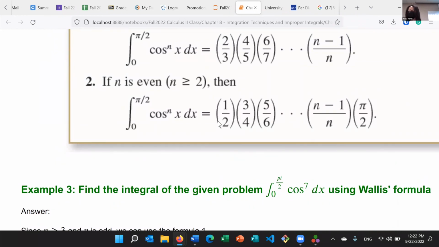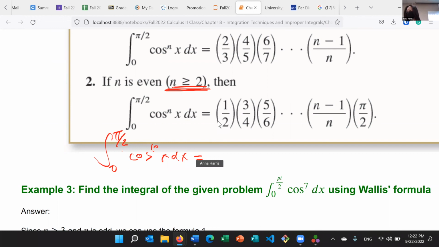If it's an even power, that's exactly right, you can start with 1. In other words, if you have 0 to pi over 2 and cosine to the 10th power x dx, what can you do?